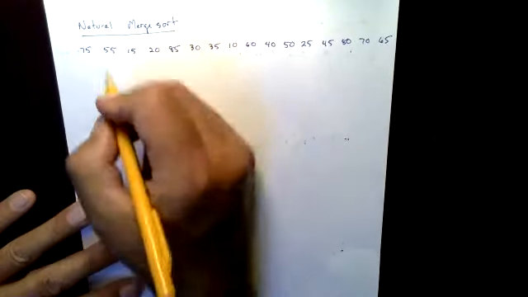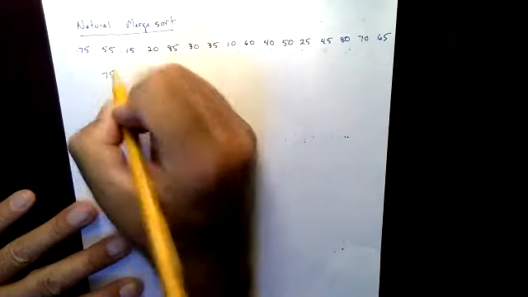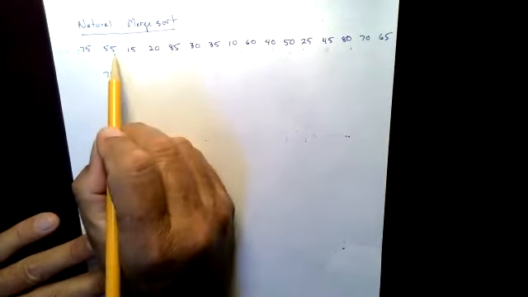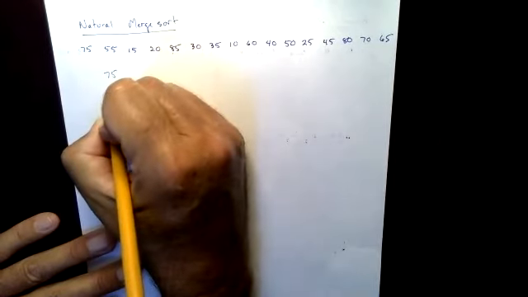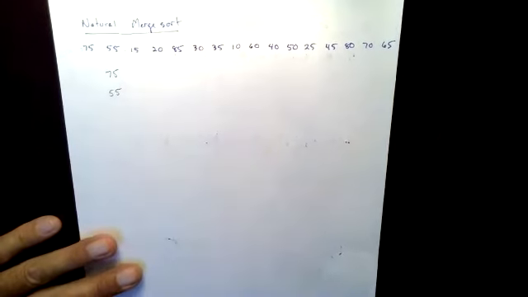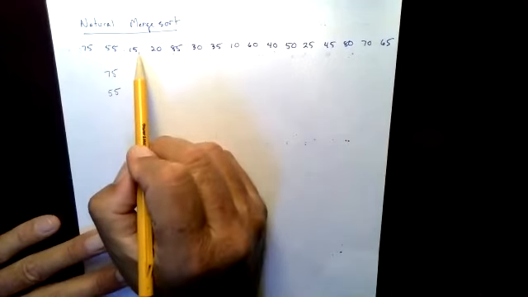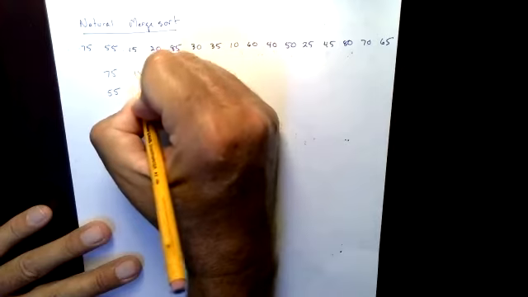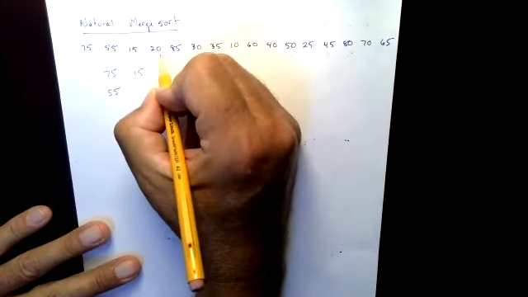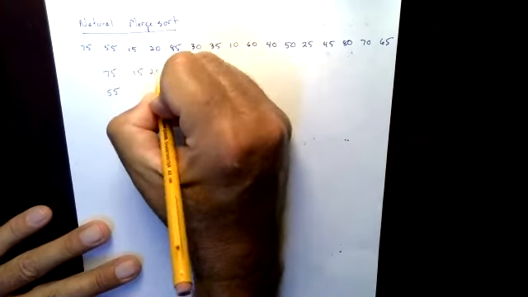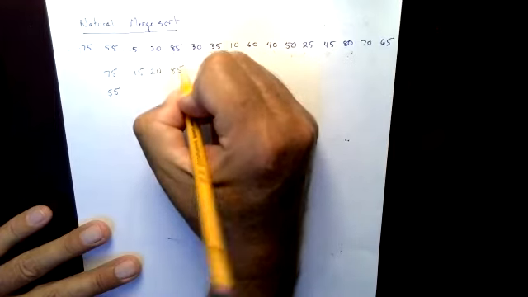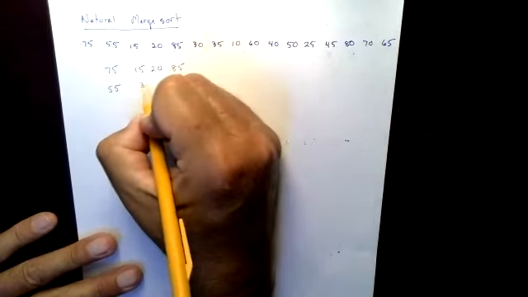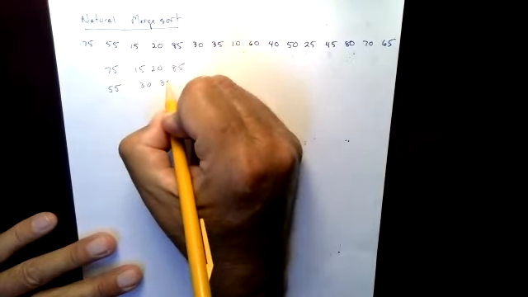So I'm going to start on this list, and the first thing I'm going to put in is 75. The next number is smaller, so I stop. Then I'm going to put in 55. The next number is smaller, so I stop. Now I'm going to put in a 15, but I can keep going: a 20 and an 85. And I stop. Now I'm going to do a 30 and a 35.